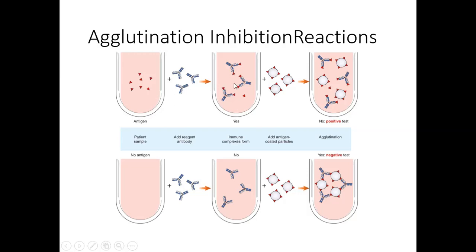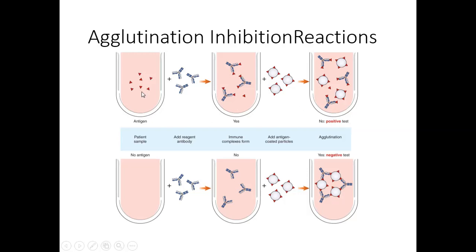Was it going to be patient antigen or reagent antigen coated onto particles? You notice, is there any agglutination in here? Any lattice formation? No. So if there's no agglutination, this test is positive for the antigen in question.